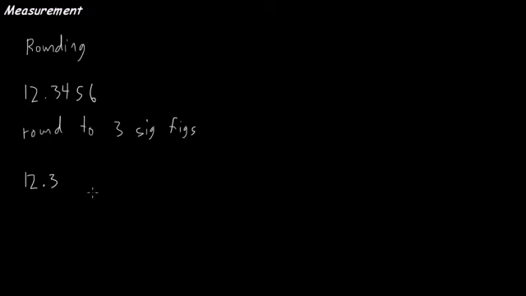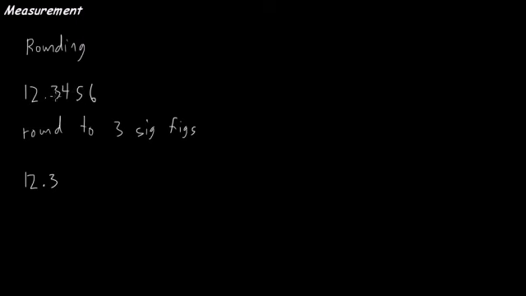A common mistake that I see students make is to try to round every digit from the right and moving left. So they would round the 5 to a 6 because 6 is greater than 5. And they would round the 4 to a 5 because this 6 would be still greater than 5.